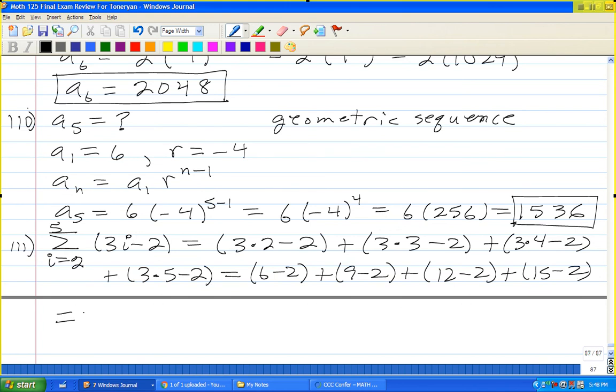So I'm adding 4 plus 7 plus 10 plus 13, which is equal to 34.